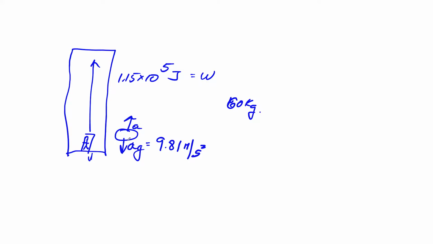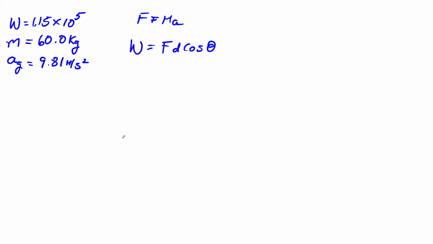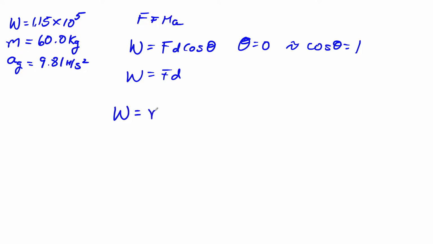There's no change in velocity. So theta is equal to 0, which means the cosine of theta is equal to 1. So now work is equal to F times D. But F is also ma, so work is equal to mass times acceleration times distance.